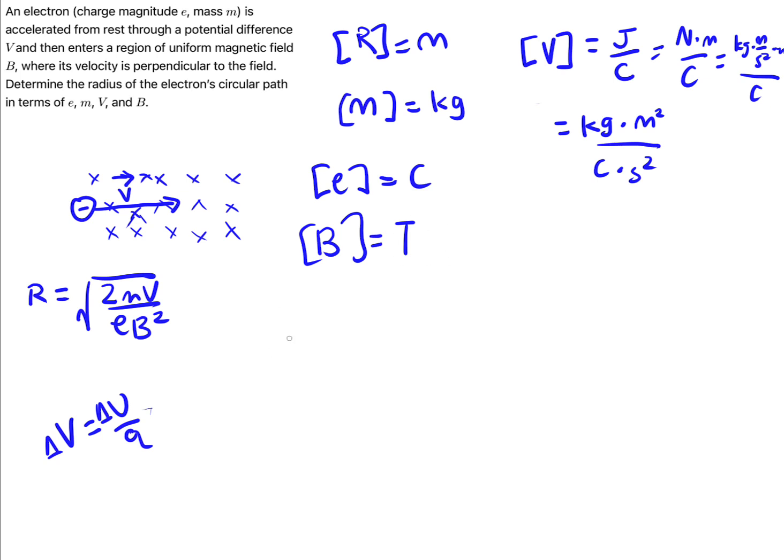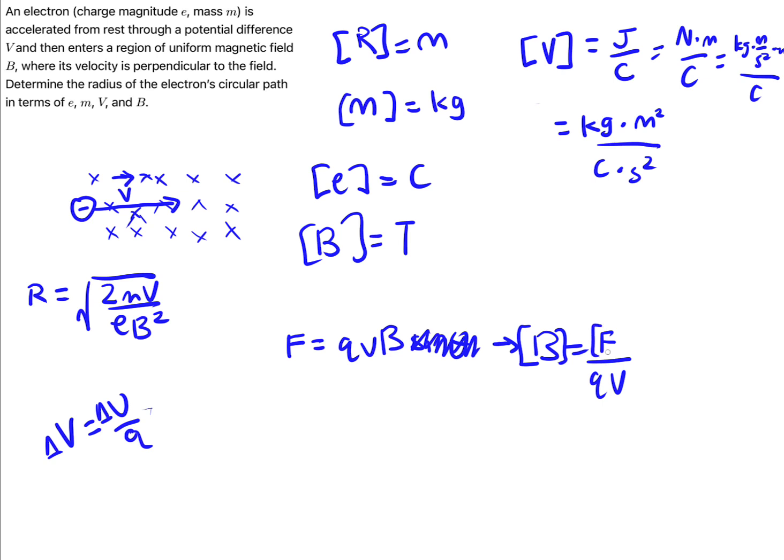So earlier we used that the magnitude of the force is equal to QV times B times sine of theta. And now we can ignore sine of theta because it's just a number and doesn't have any units. And if we solve for B, we can find the units of B by finding the units of all of these quantities here.